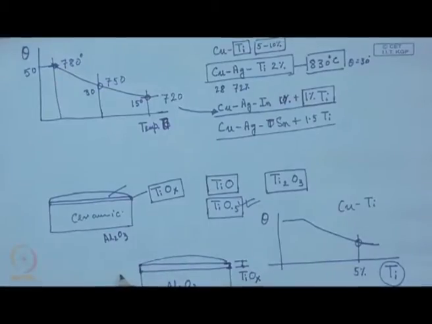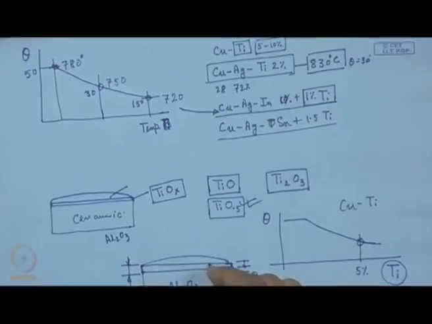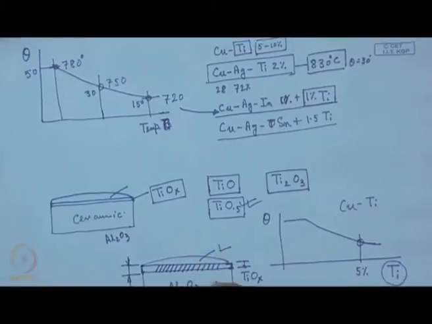But the main problem is the adhesion of this wetted film, simply because this reaction layer is thick and has different mechanical properties in comparison to the basic liquid and that of the ceramic.